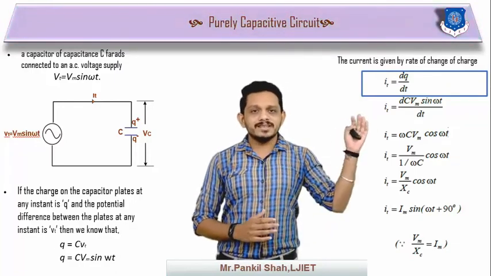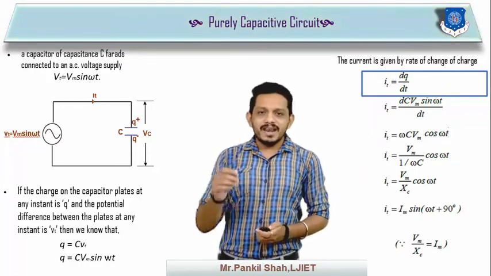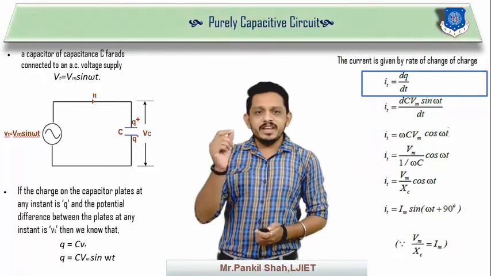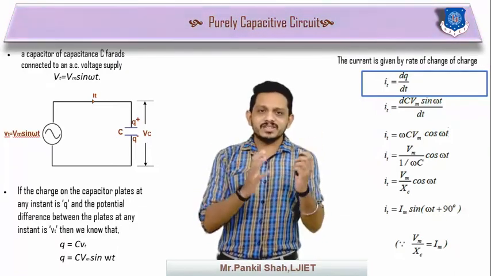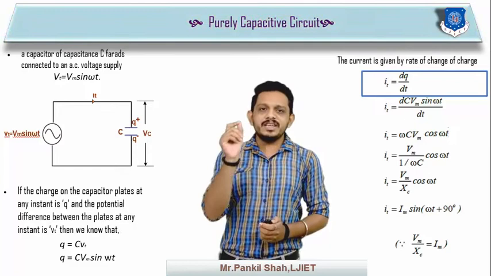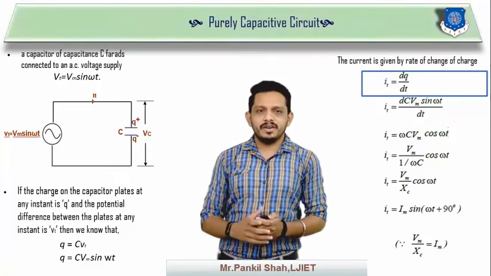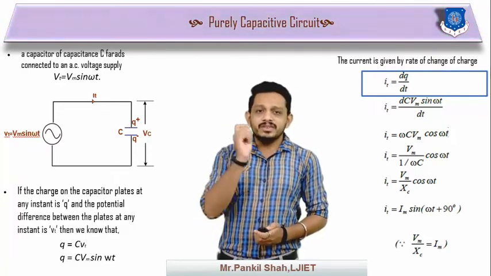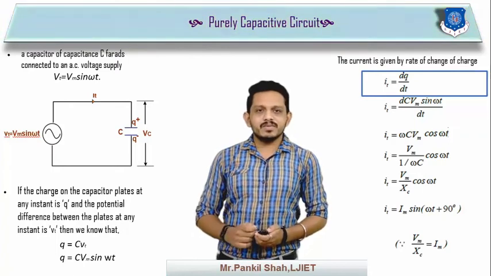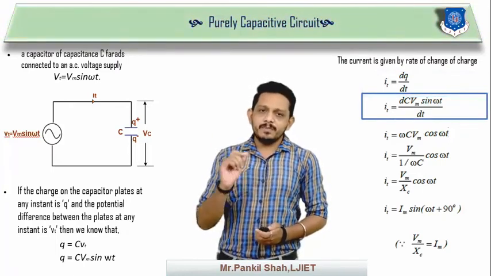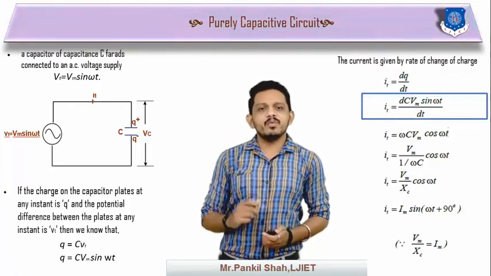So I = d/dt of (C Vm sin omega t), that is, I = d(C Vm sin omega t)/dt.